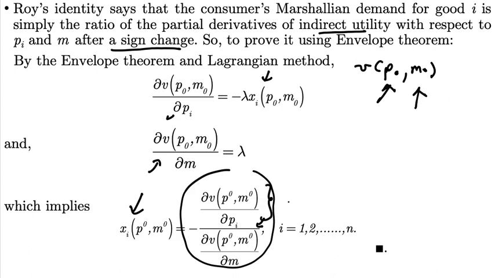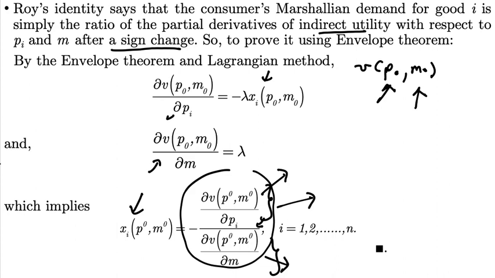The first one here is the partial derivative of the indirect utility function with respect to the price of good I. And the second one is the partial derivative of the indirect utility function with respect to income. So the envelope theorem for this particular example, which is a utility function, has two different parts. The first one is this, and the second one is this.